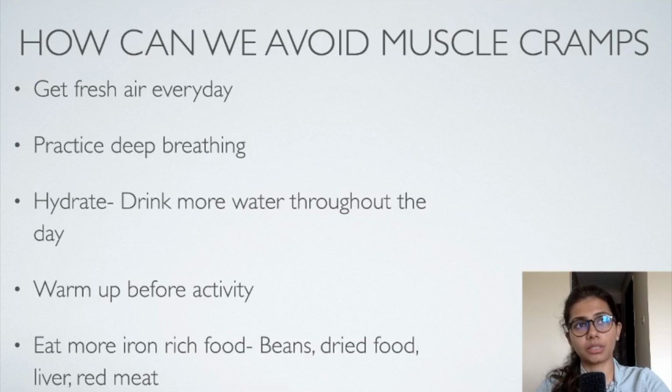As you study more on the subject, as you advance more, you will learn that there is a direct connection with iron in this scenario. So eat more iron-rich food like beans, dried fruits, and liver and red meat. Right? So all these steps can help you avoid muscle cramps to an extent, right?